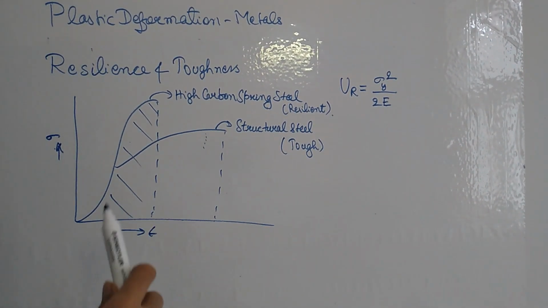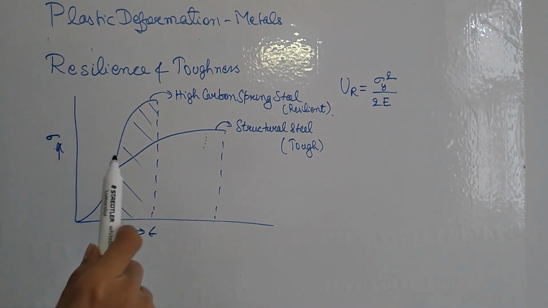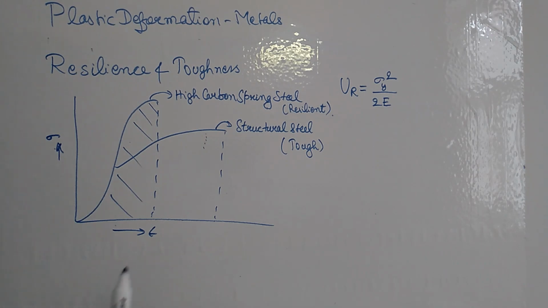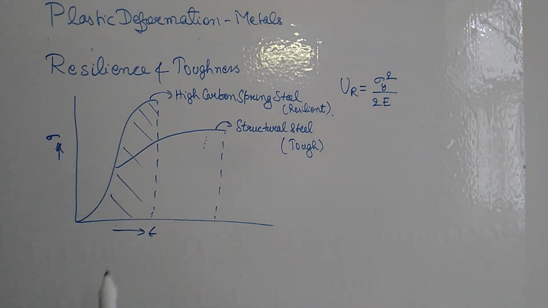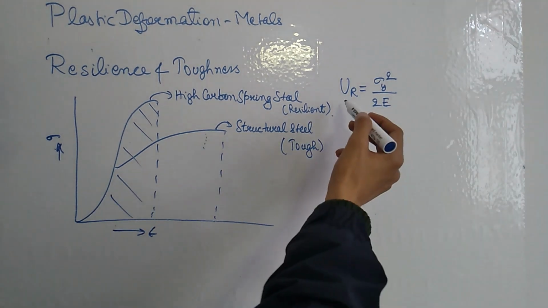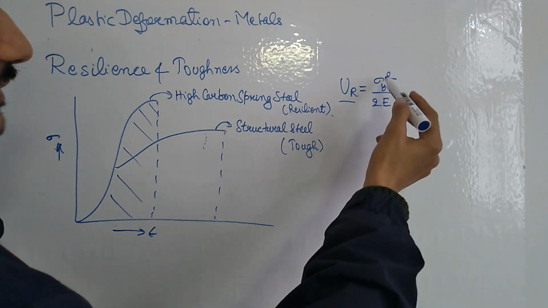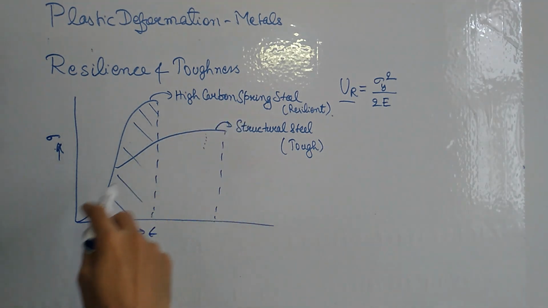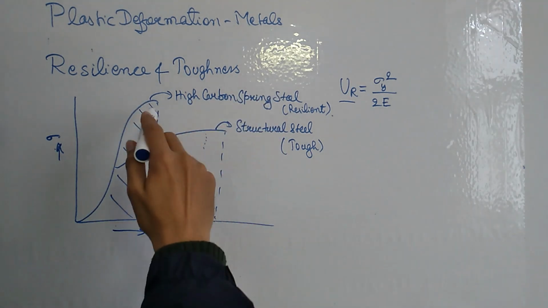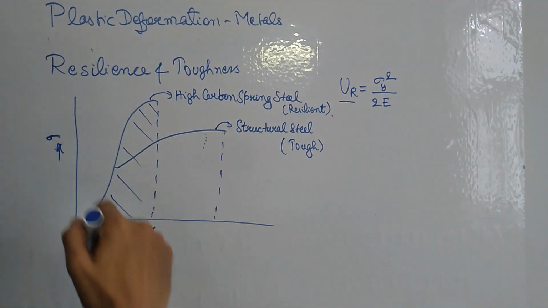Now we will consider two more important properties of plastic deformation in metals. First is the resilience and second is the toughness. The resilience mainly covers the initial part of the elastic region, and toughness is basically found in the plastic region. Materials such as high carbon steel are considered more resilient because the modulus of resilience can be defined as sigma y squared divided by twice E. So you see high carbon steel has a higher elastic yield strength with a lower elastic modulus.